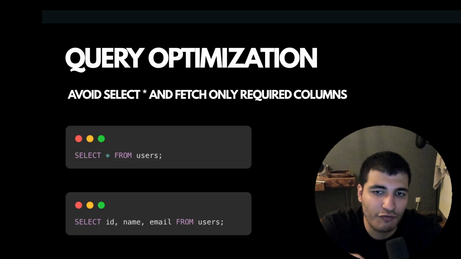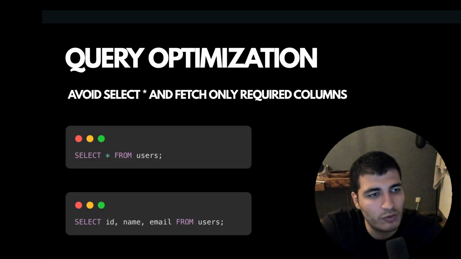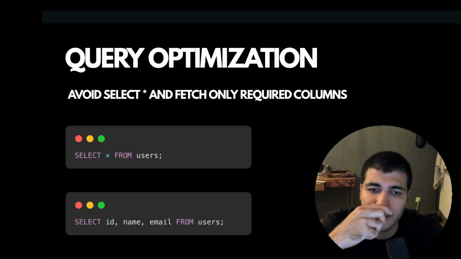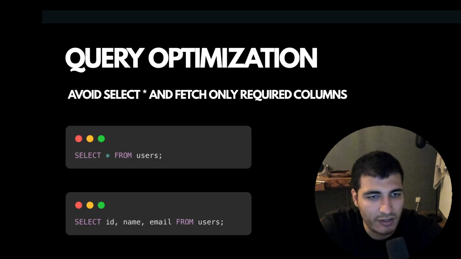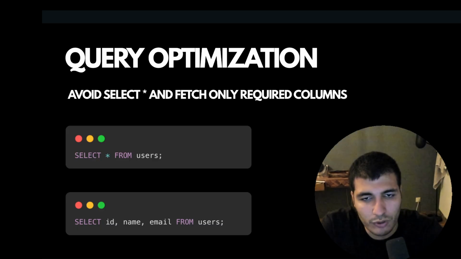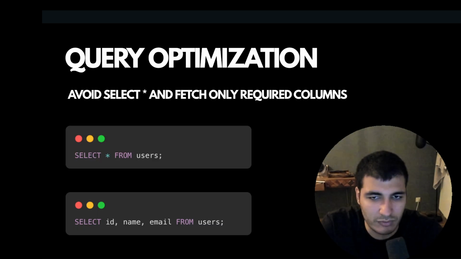It's the process of improving the performance of your SQL queries by restructuring them, using indexes effectively, as we discussed earlier, and minimizing expensive operations. A well-optimized query can dramatically reduce execution time, lower CPU and memory usage on your database server, and ultimately lead to better scalability.